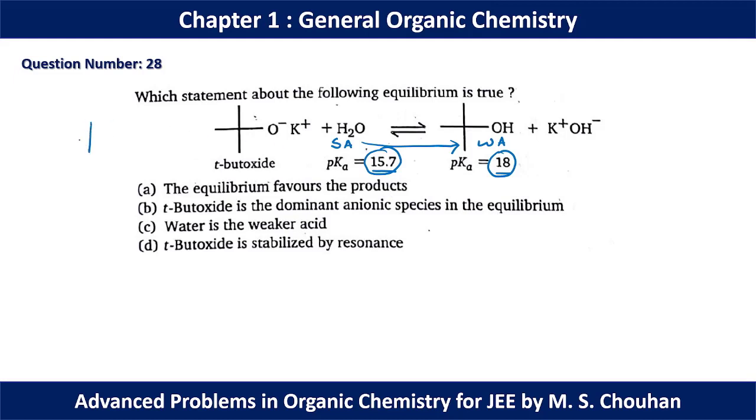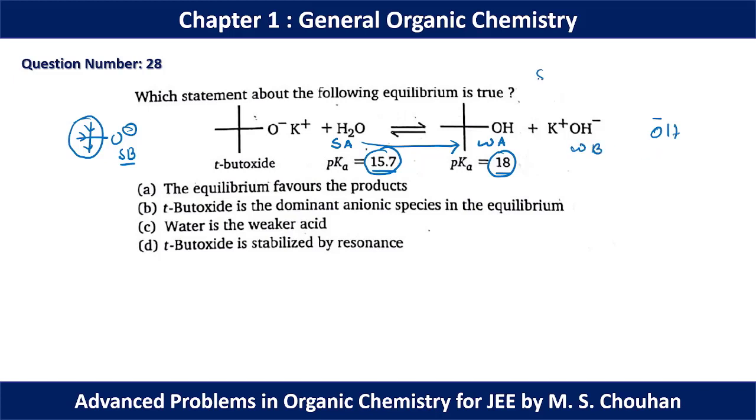If we compare between tertiary butoxide base and OH minus base, tertiary butoxide is much more reactive because of the instability caused by the huge plus I effect of the tertiary butyl group. If this is unstable, it will be more reactive and a strong base. So here also we have a strong base, and finally we have produced a weak base.